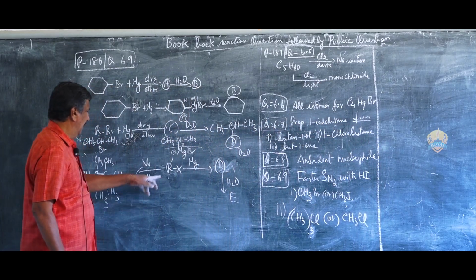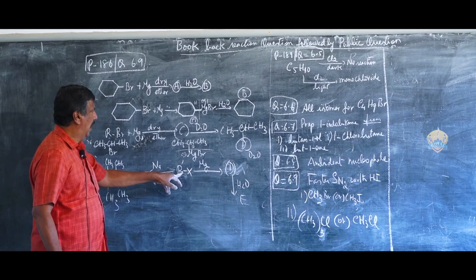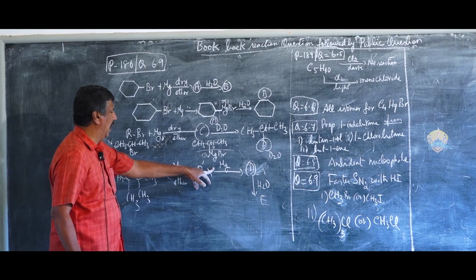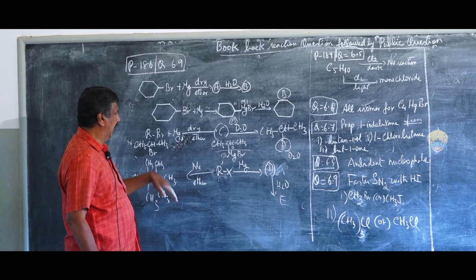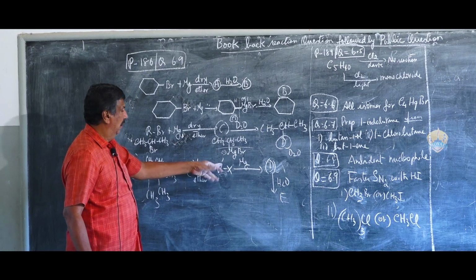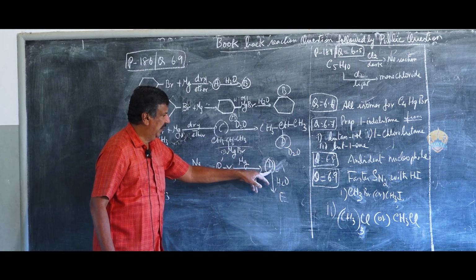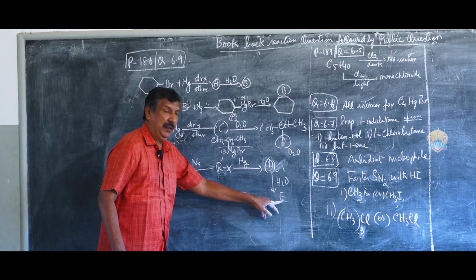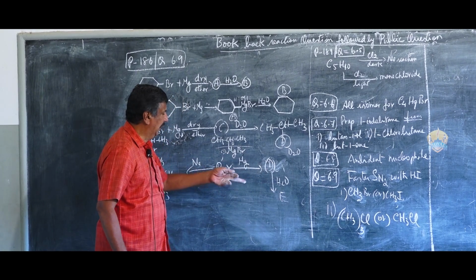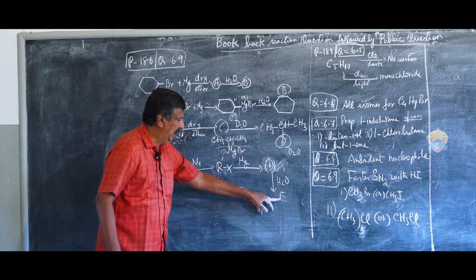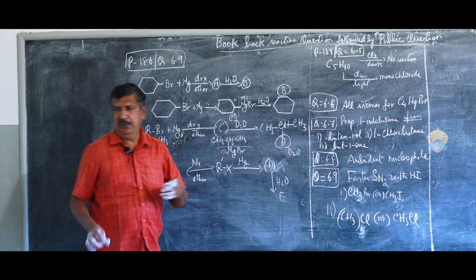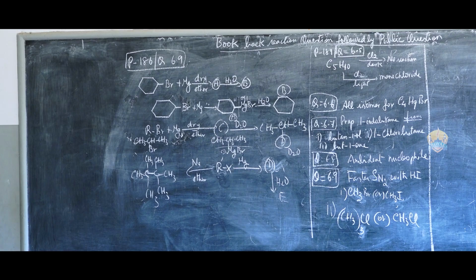You see, they are given R1X. They are given R1X, but they are not telling the R1X. But when treated with magnesium, it gives D, which on treatment with water gives E. They are not giving the formula of D also, they are not giving the formula of E also. Then how could we find it?